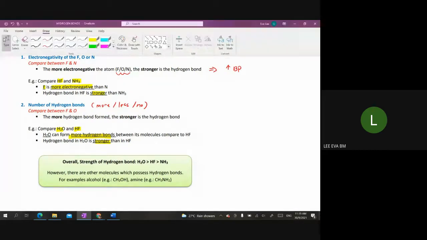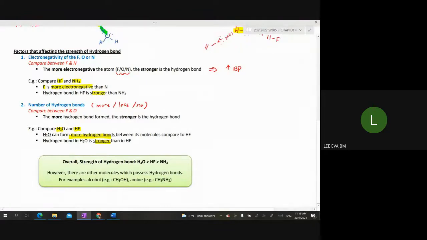So overall here, we see the strength of hydrogen bond. We only talk about H2O, HF, and NH3 as examples. Water has the strongest hydrogen bond, followed by HF, followed by NH3. So NH3 has the weakest hydrogen bond.